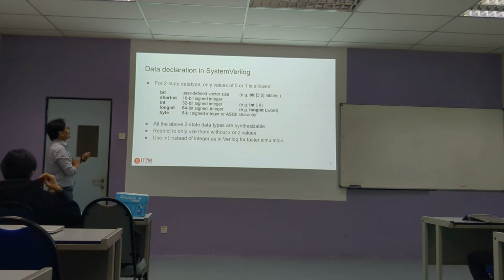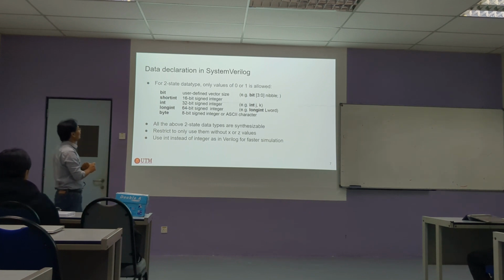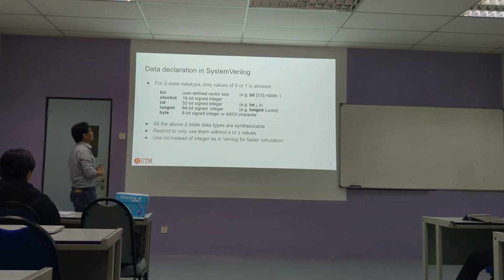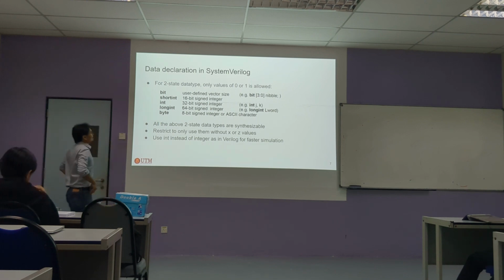Something interesting to note is that logic is a 4-state data type. You can take Z and X, but there are data types that take only the value of 0 and 1. The one we commonly use is integer. Integer is a 32-bit signed integer, which can only take the value of 0 and 1.